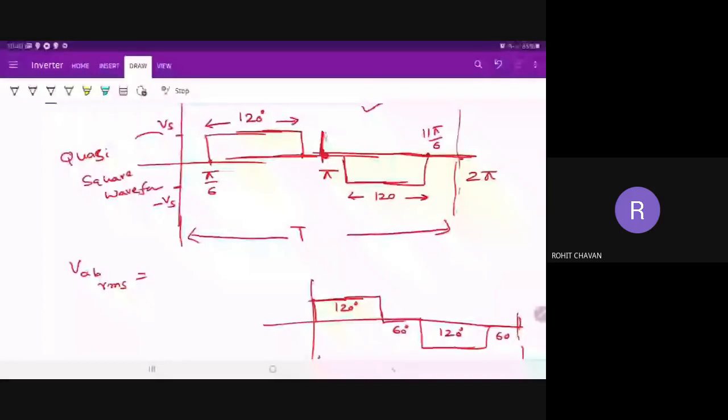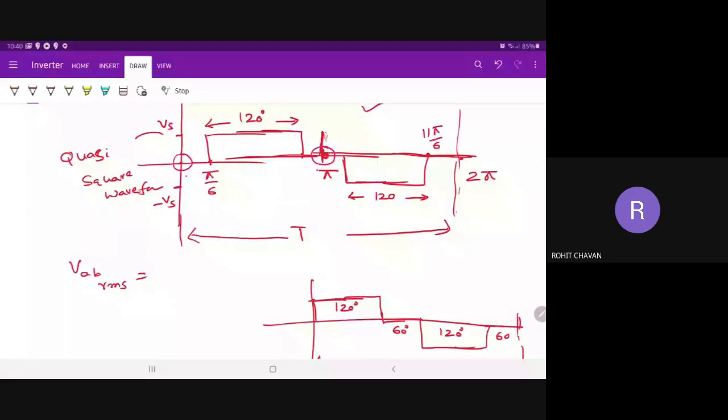From here to here, this is 180 degrees. In this case, only 120 degrees is present.